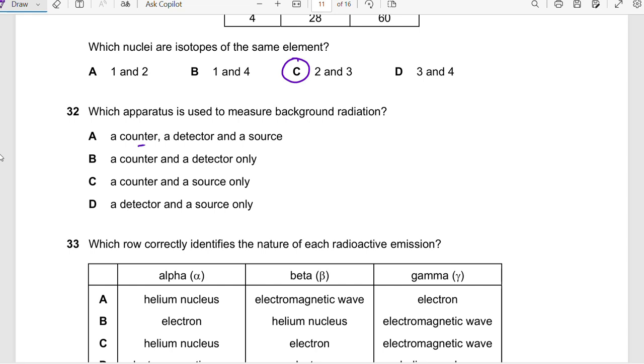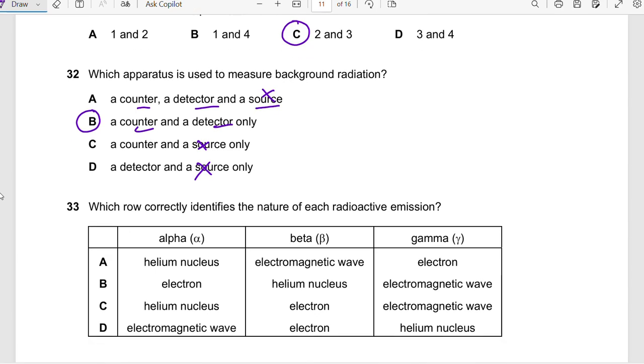So do we need a counter, detector, and a source? No, we don't need a source, okay? Counter and detector only. Yeah, this is possible. A counter and a source? No need for a source, because it exists everywhere. It's in our environment. So option B is correct, okay?